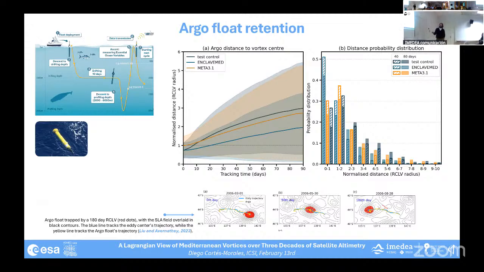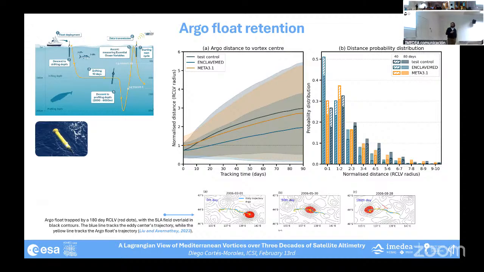We have obtained that for the Lagrangian vortices, the distance is smaller through time than for the Eulerian vortices, suggesting that, again, the Lagrangian vortices track the Argo floats more effectively than the Eulerian ones.